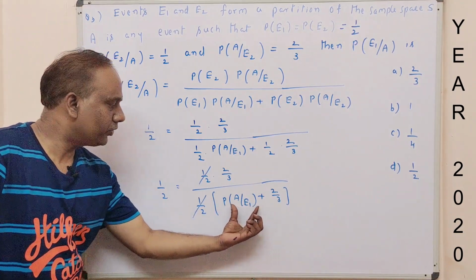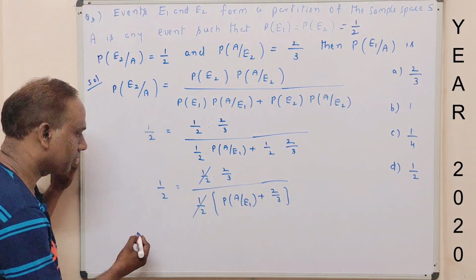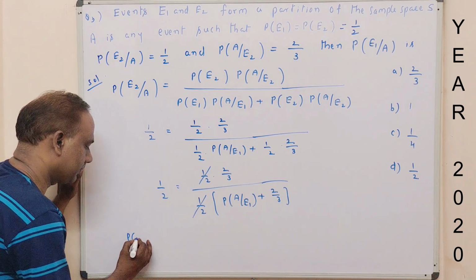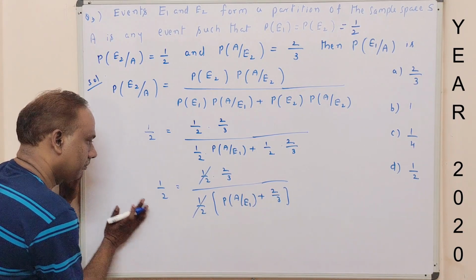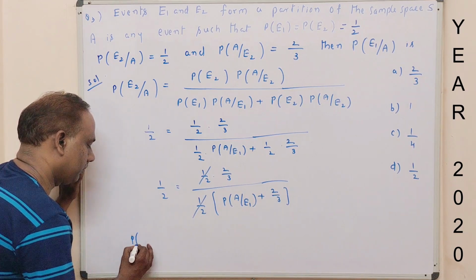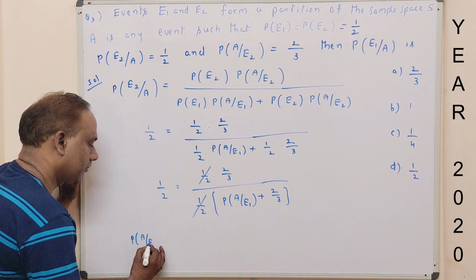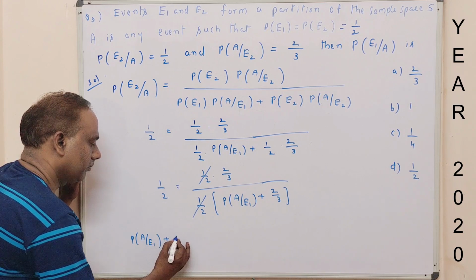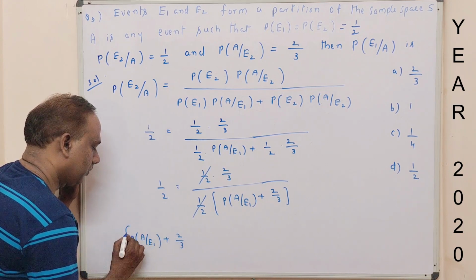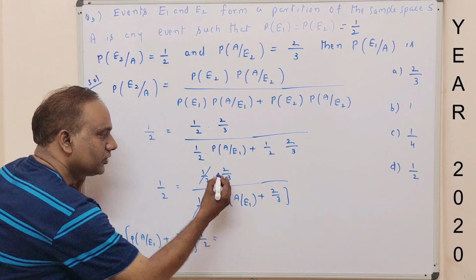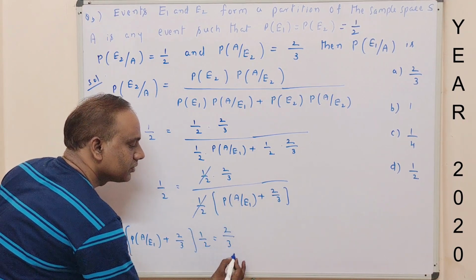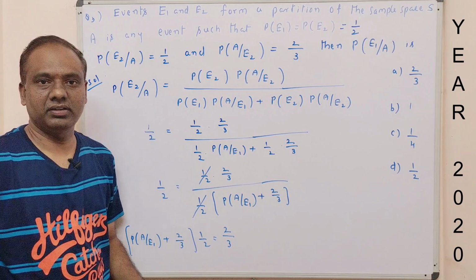Now this value we take to the left side, into 1 by 2 is equal to the remaining 2 by 3.